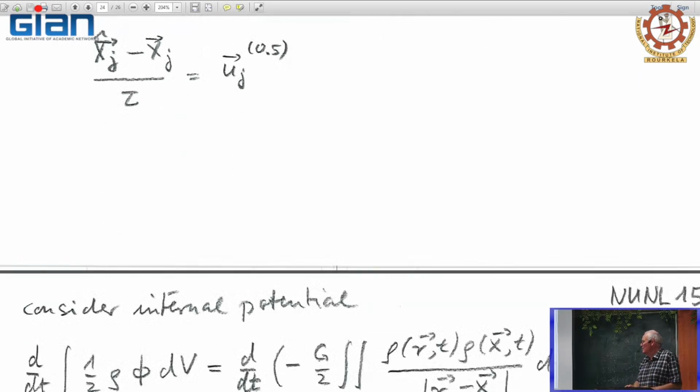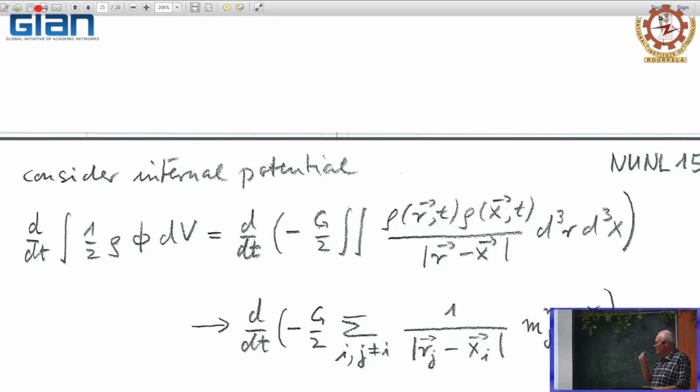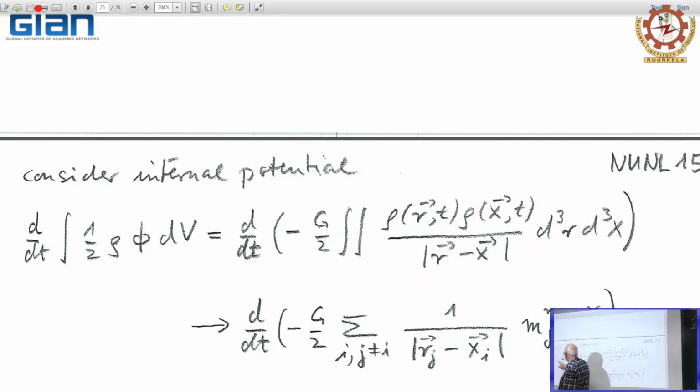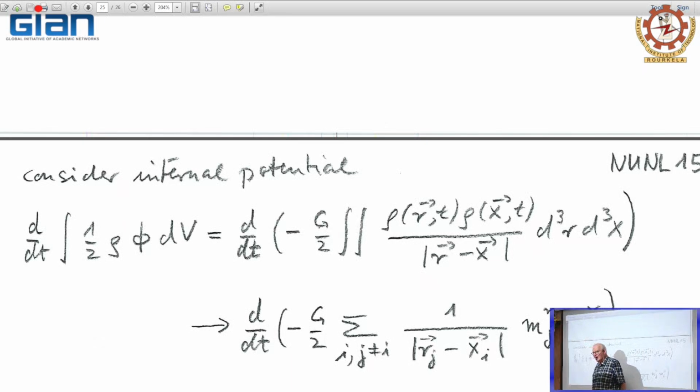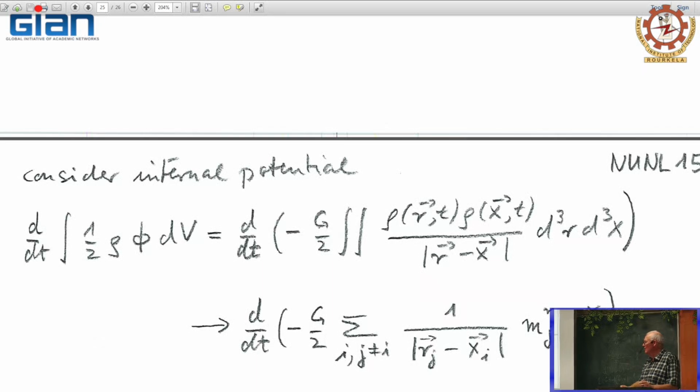And now the question is, well, once we consider the internal potential, we know d by dt of the integral over the volume of 1/2 times rho times phi is the time derivative of the gravitational energy.